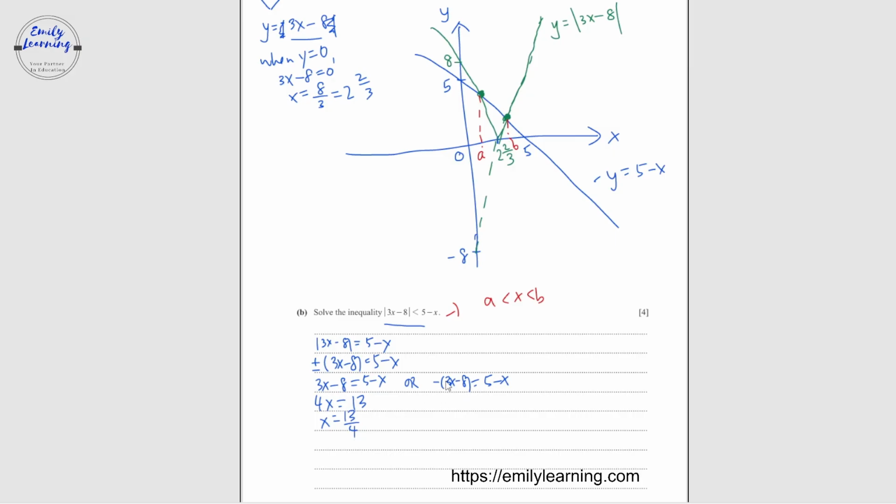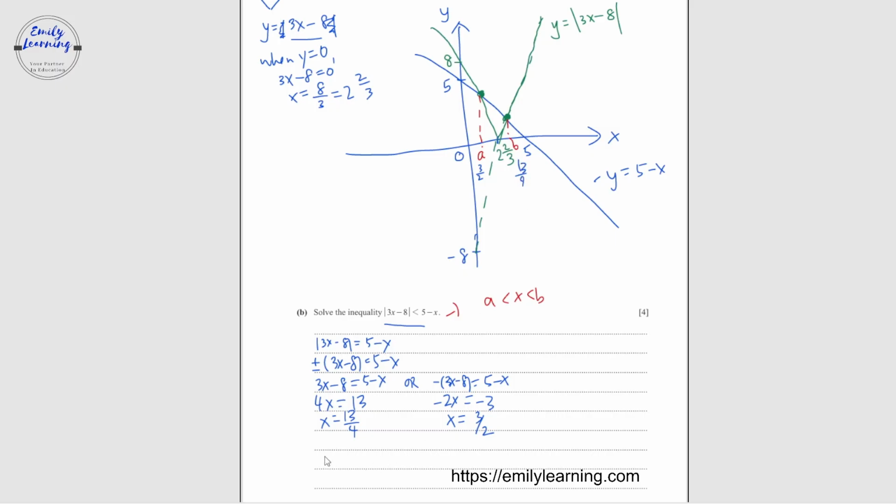Then you have negative 3x plus x, so it's negative 2x equals to 5 minus, because minus minus becomes plus, so it is plus 8, so I bring over is minus 8. So 5 minus 8 is minus 3. So x is equals to 3 over 2. So I know that a is 3 over 2 and b is 13 over 4.